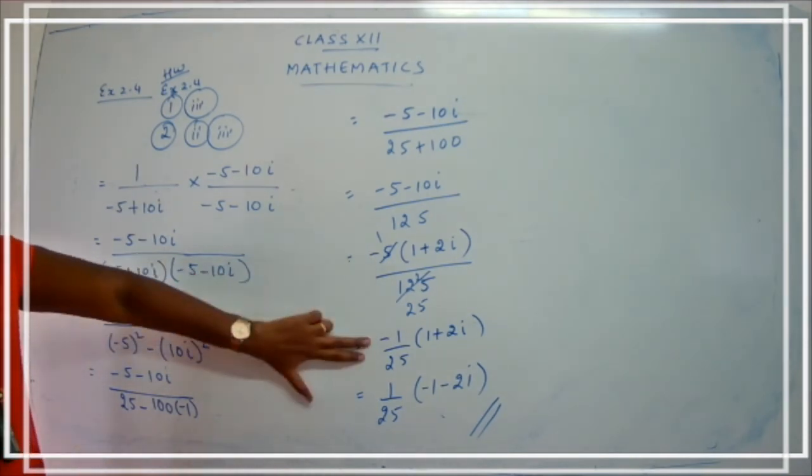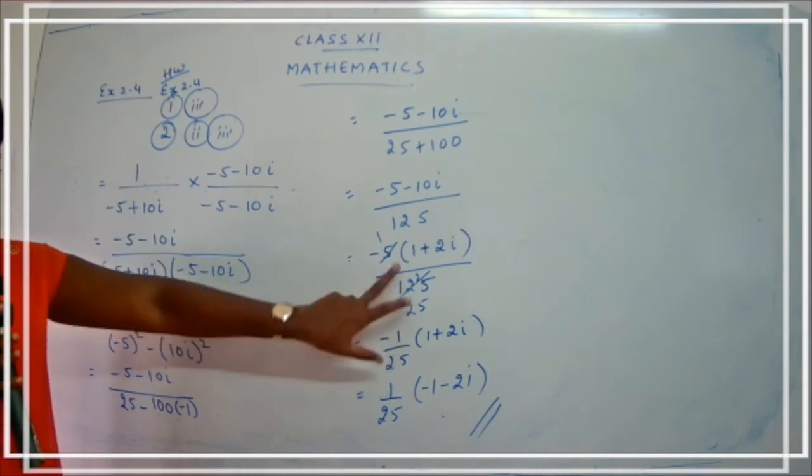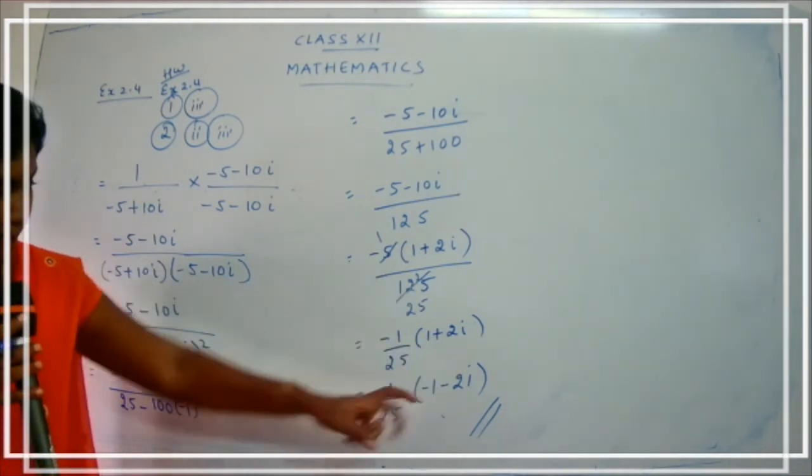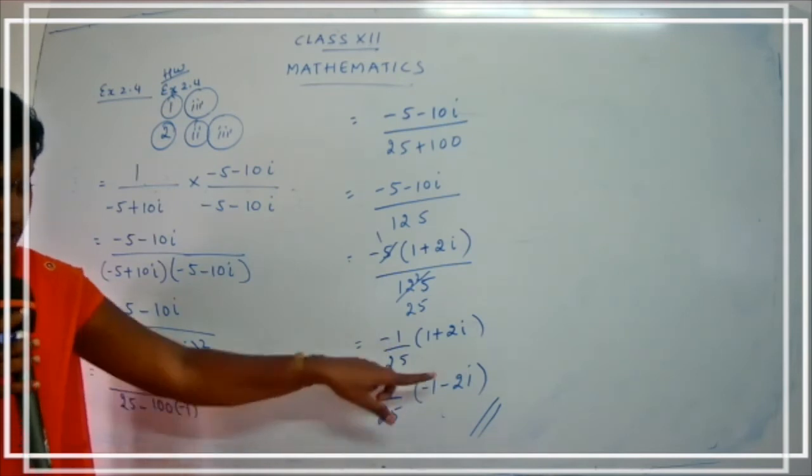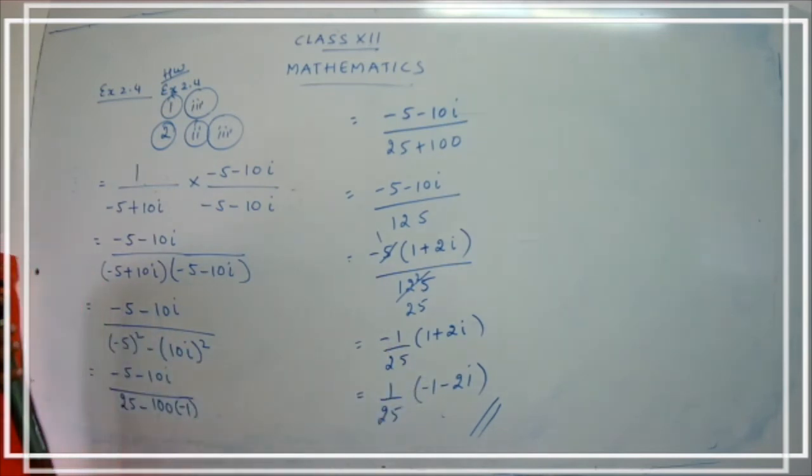I took the minus sign common, so I get 1 plus 2i. Just multiplying by the minus sign, I get minus 1 minus 2i upon 25. So the answer is 1 upon 25 into minus 1 minus 2i. Clear children? So we have completed the first part of question number 3.